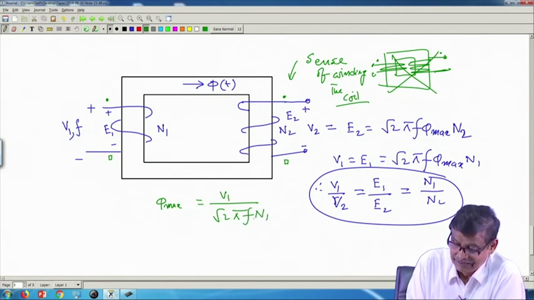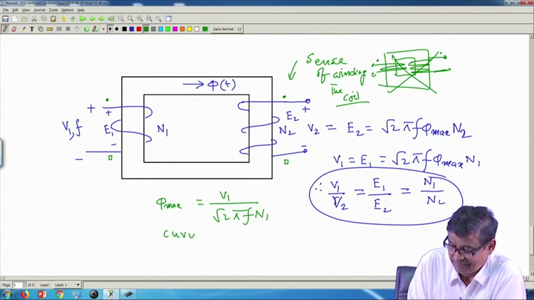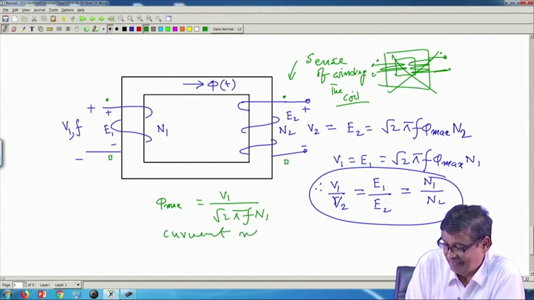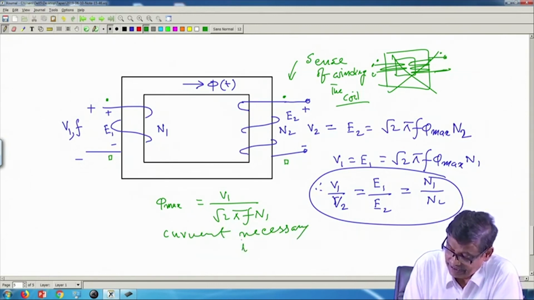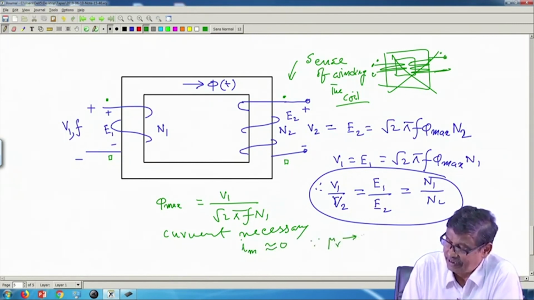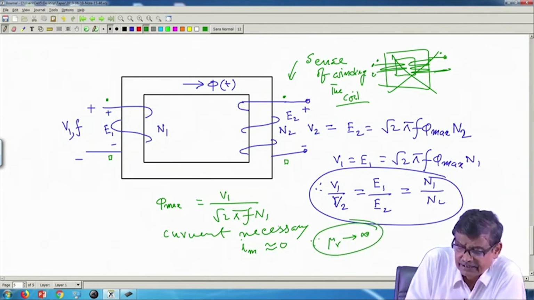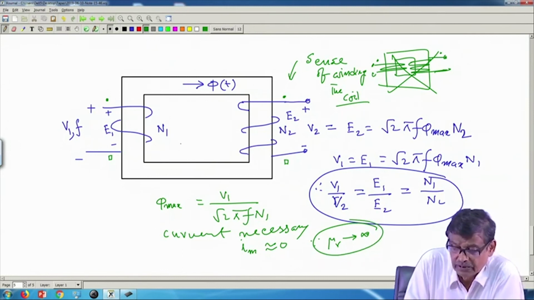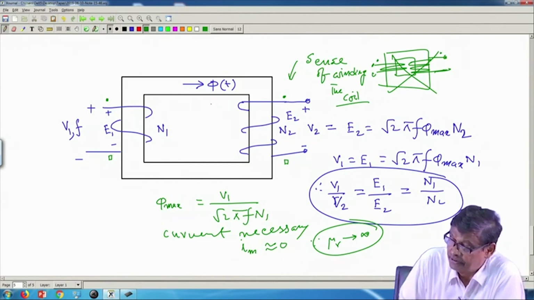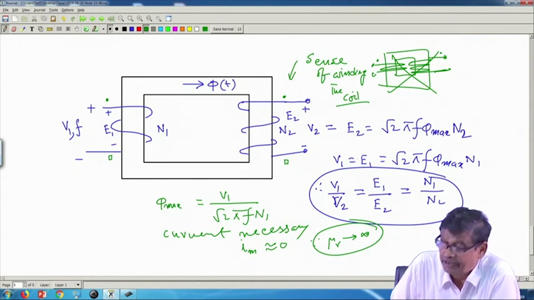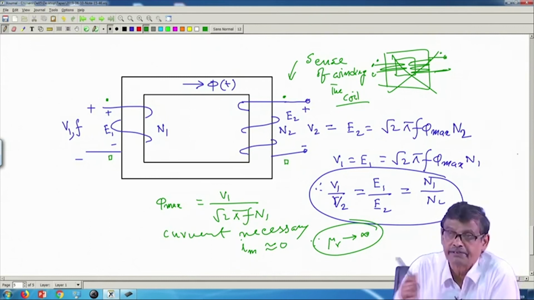The magnetizing current is vanishingly small, 0, since mu r is infinitely large. Apart from the fact that all flux is confined to the core, there is no winding resistance, which allows me to write V1 equal to E1, RMS values, equal to root 2 pi f phi max N1.